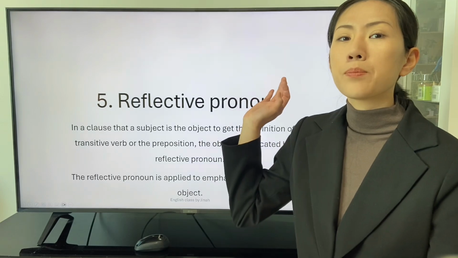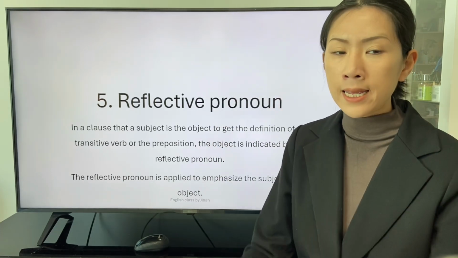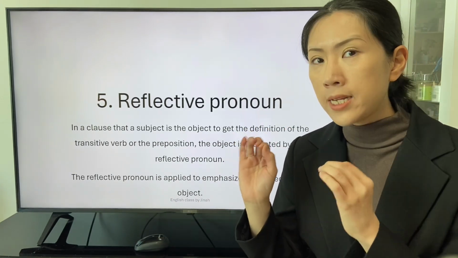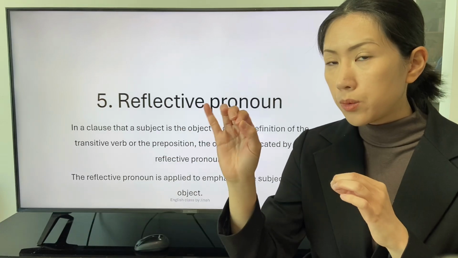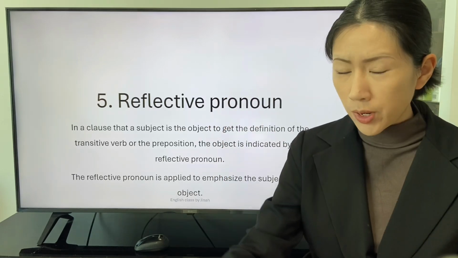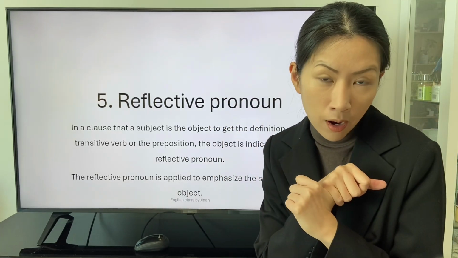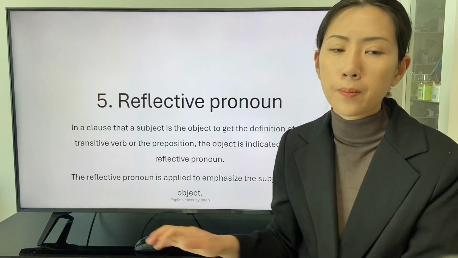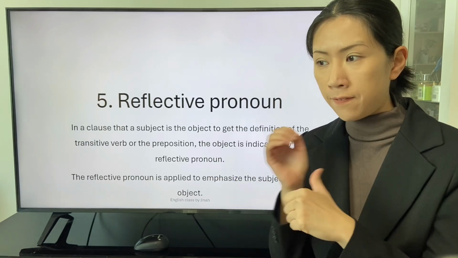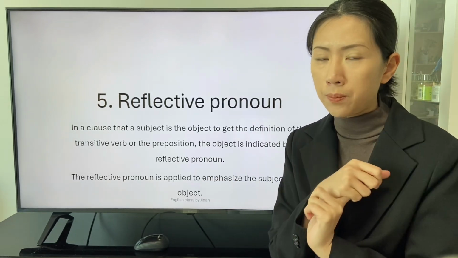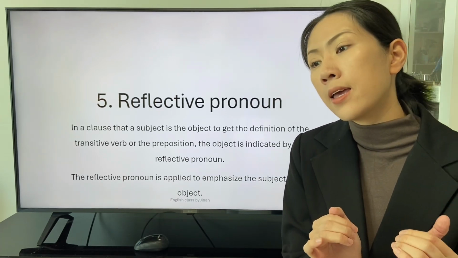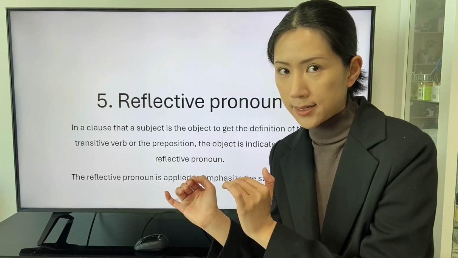The fifth sort of pronoun is the reflective pronoun. The reflective pronoun indicates an object that is also the subject of a description by a transitive verb or a preposition. So the description by a transitive verb or a preposition starts from the subject and comes back to the object.